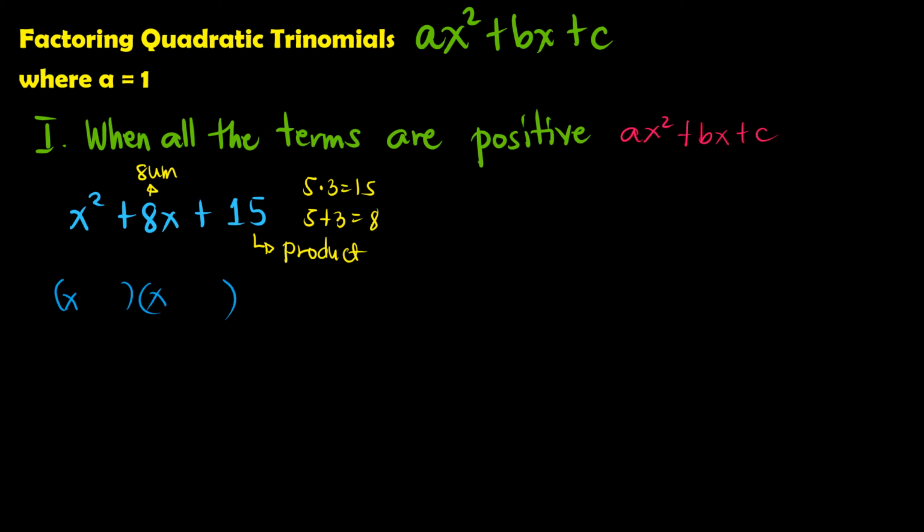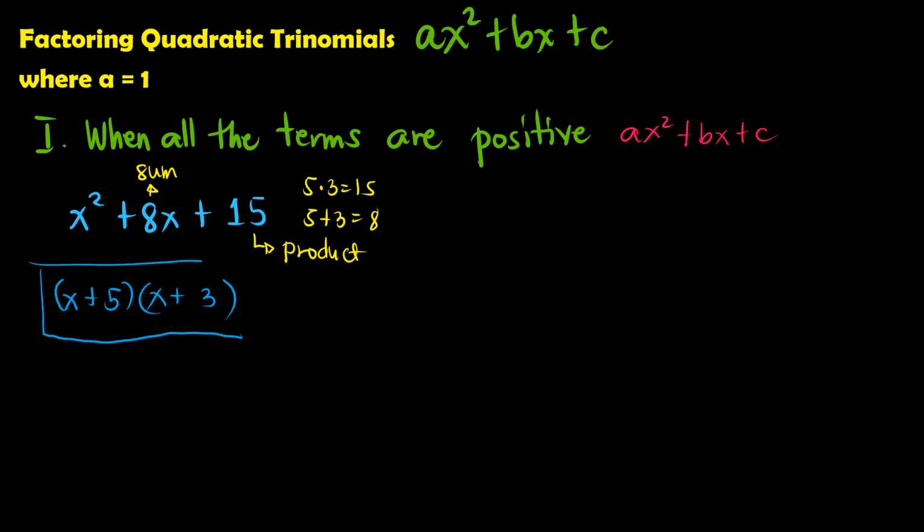Ngayon, yung dalawang number na naisip natin, which is 5 and 3, ilalagay lang natin yan after the x. 5 and 3. Or pwede ring 3 and 5. But since all our terms here are positive, ibig sabihin, the sign in the middle ng ating factors are also positive. So, we are going to check. This is already our answer.